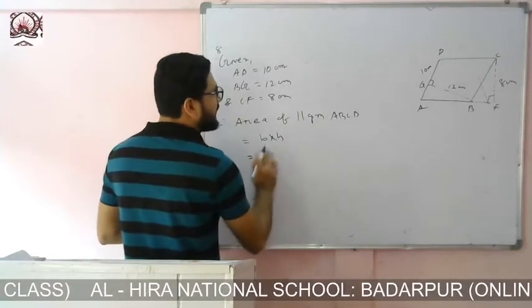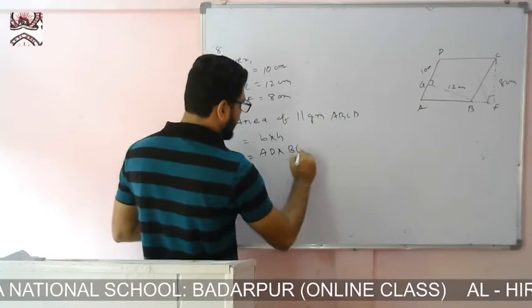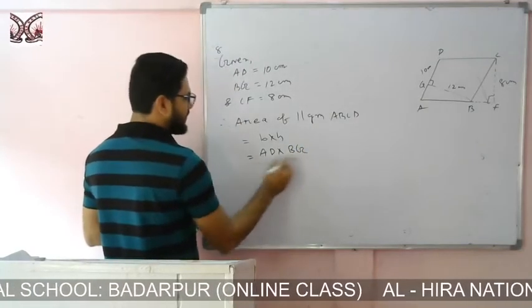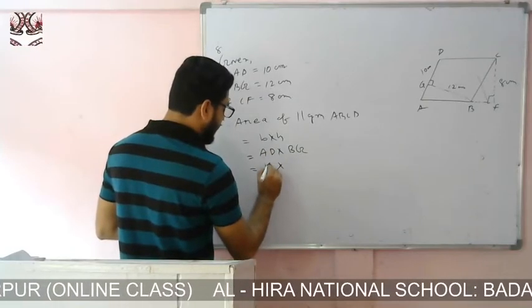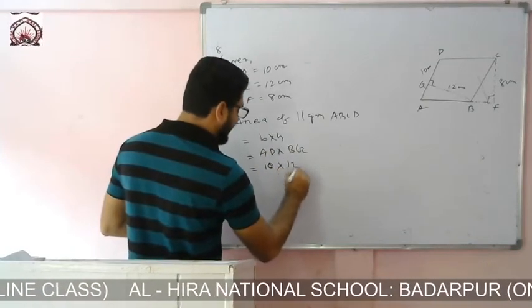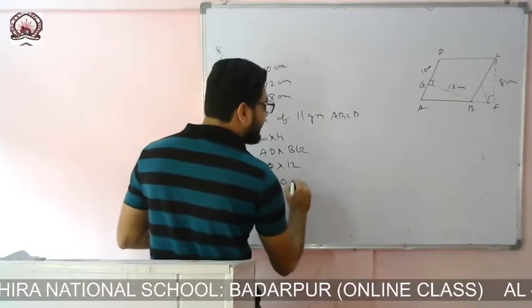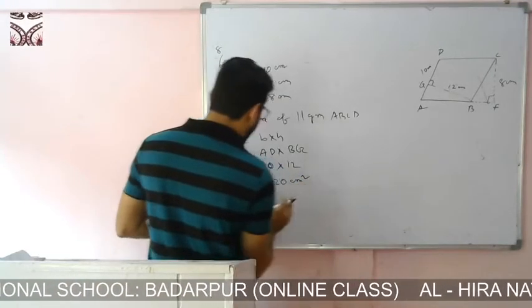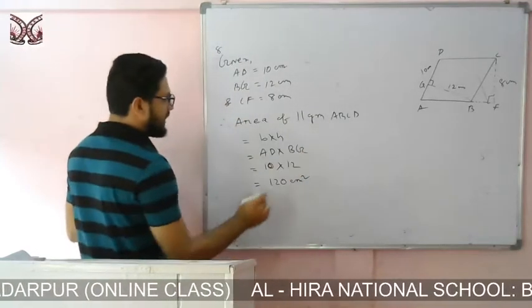You can write AD into BG, so AD as base and BG as height. AD is 10 centimeter into BG 12. If I multiply, then 120 centimeter square. Now with the help of this I can find AB.